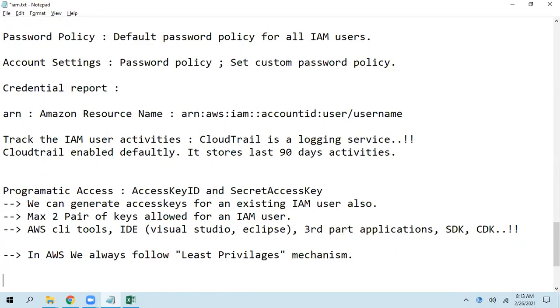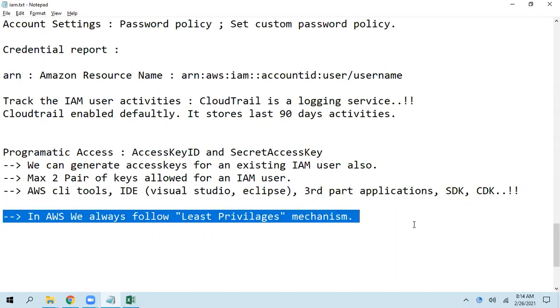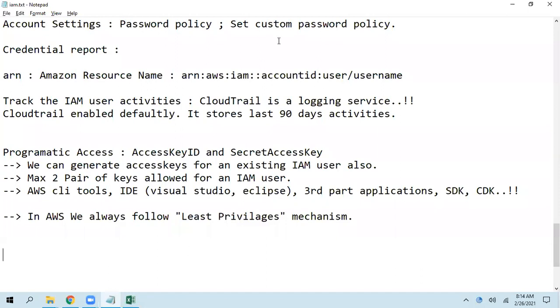Least privileges mechanism means allocate permissions to do his job, not more than that. For example, if he was recruited to perform something, give the required permissions. Unnecessarily, don't give root credentials and all. What exactly is his job? If he wants to perform that, provide that particular permission only. That is the mechanism we always follow here.